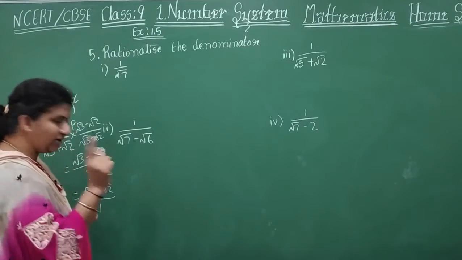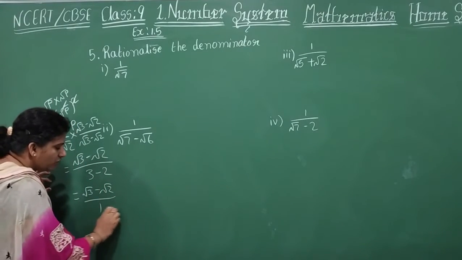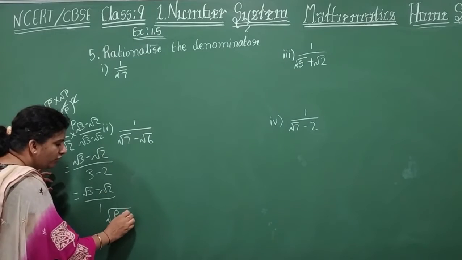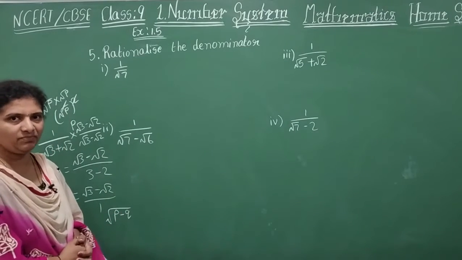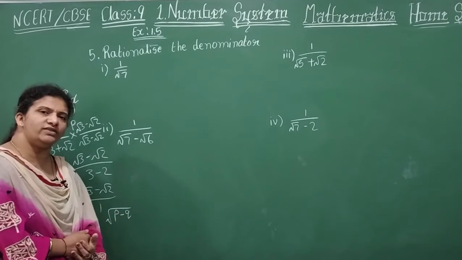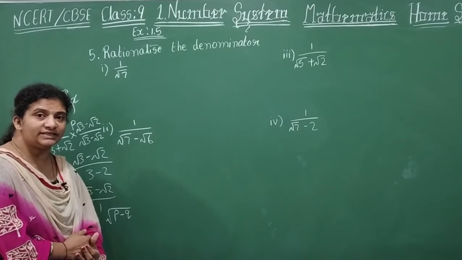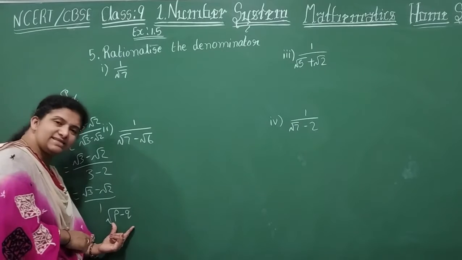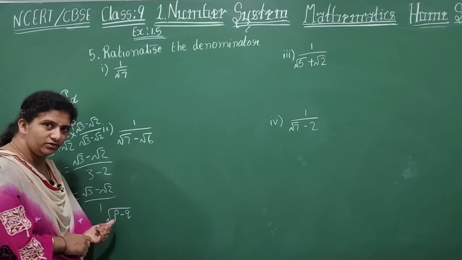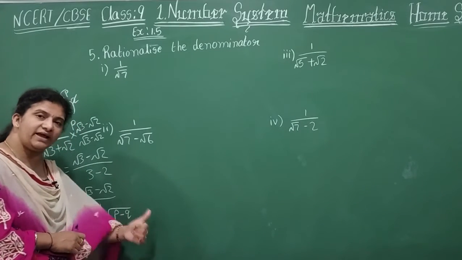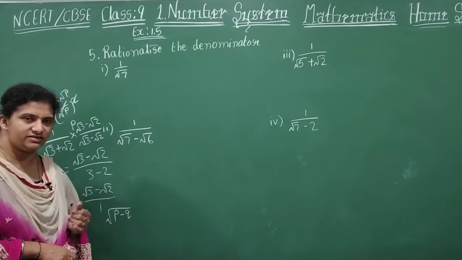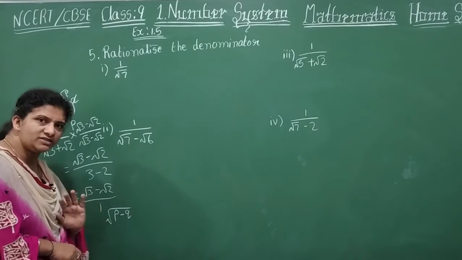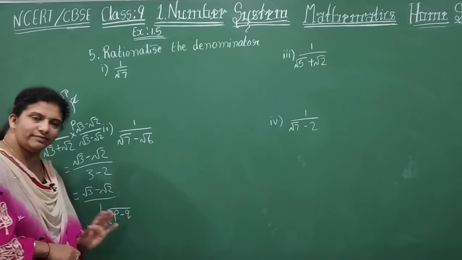One more thing you remember here. Suppose you have root of p minus q. What is the conjugate of this? Don't say root of p plus q, don't say. Why? This full expression is in a single root. When your root splits, your sign changes. When your root is not splitting, your sign won't be changed.